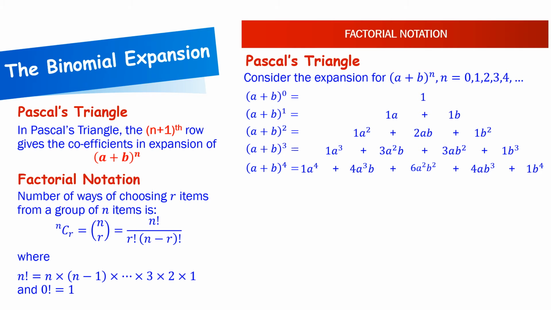And as a convention, 0 factorial is equal to 1. This is also extremely useful in calculations, otherwise they become problematic. You'll see this later on.